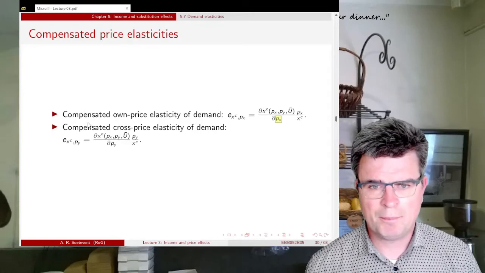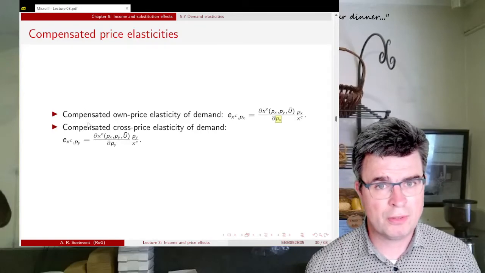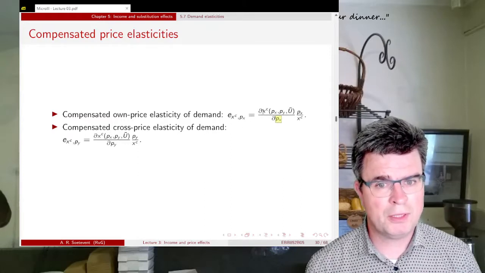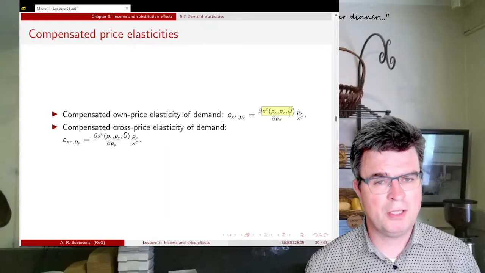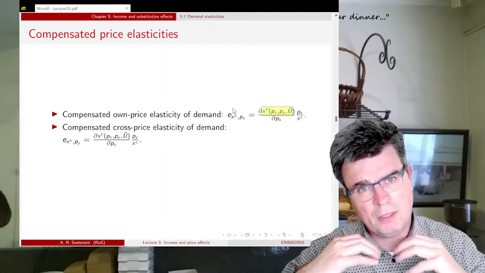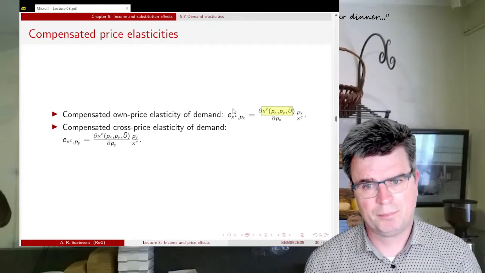So these definitions look very similar to the ones that we know, but instead of using the uncompensated demand, it uses the compensated demand. So again, we keep the utility level fixed.